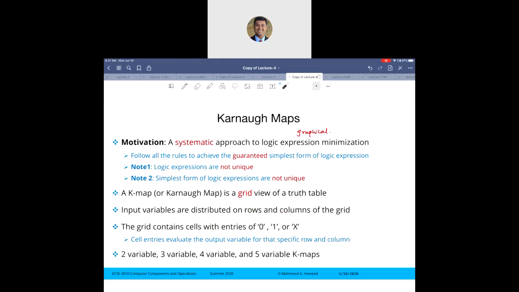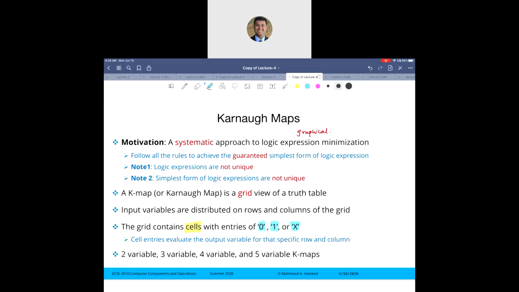Now the grid itself will contain several cells, and in each cell you could have the entry of 0 if the logic expression is false over there. You could have the entry of 1 which is true over there, or you could have the entry of don't care, which means that for that particular input configuration, the designer doesn't care about that.